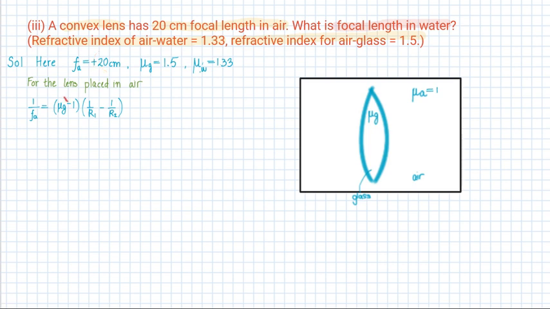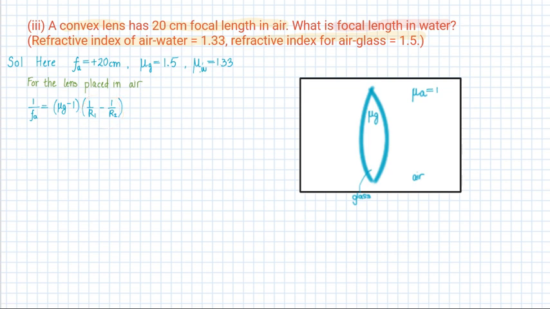You know the refractive index of this glass surface when it is placed in air. It is how much? 1.5. Fine. Now from here we'll find out this bracket part, 1 by R1 minus 1 by R2. Okay, let's find out this value first, then I'll tell you why we'll find out this value first.